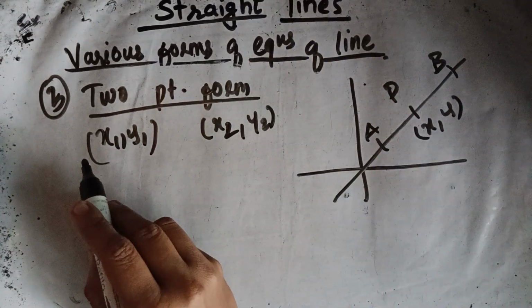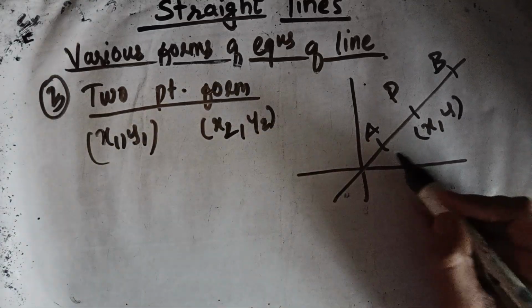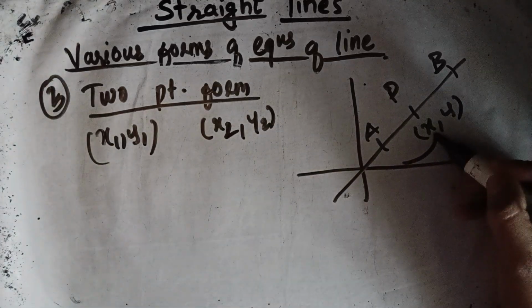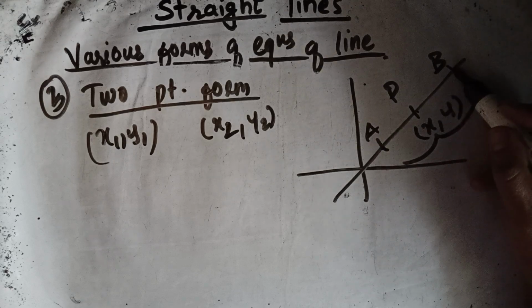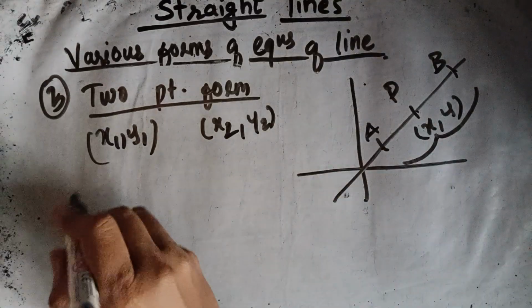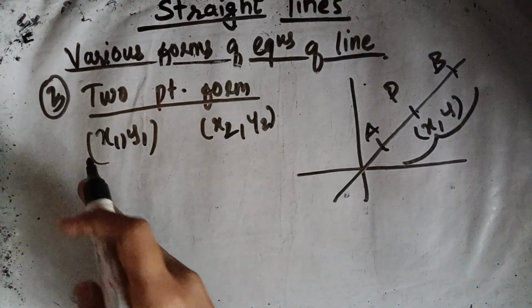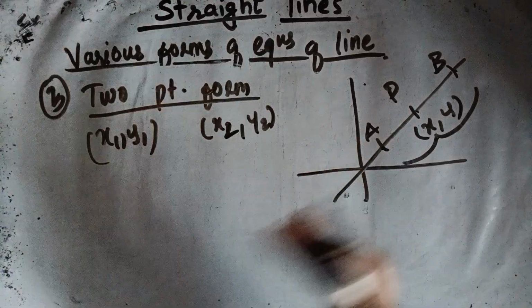The distance from this to this is equal to the distance from this to this, because all are on the same line, that is they are collinear. So I can take the slope of both the lines to be equal.